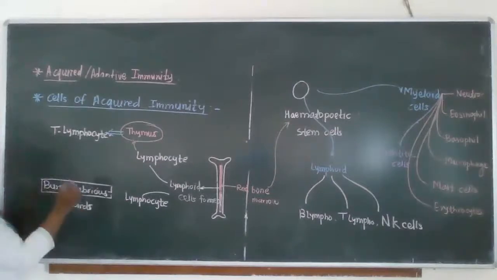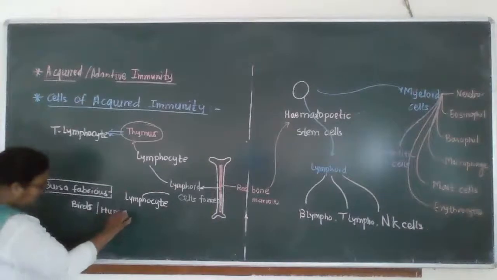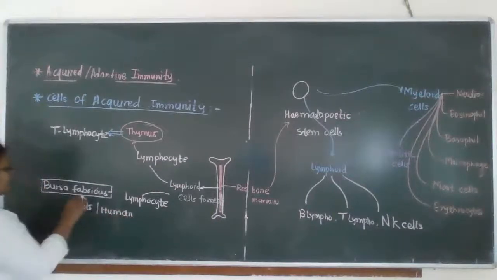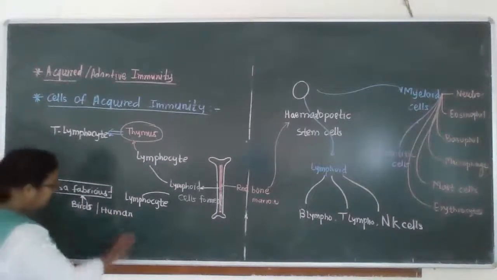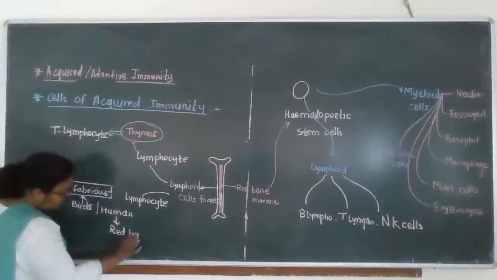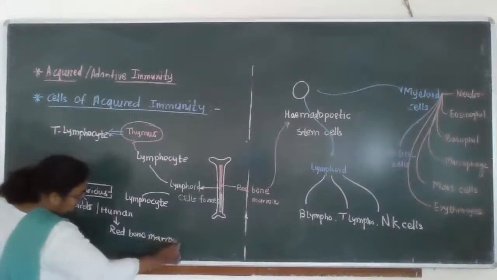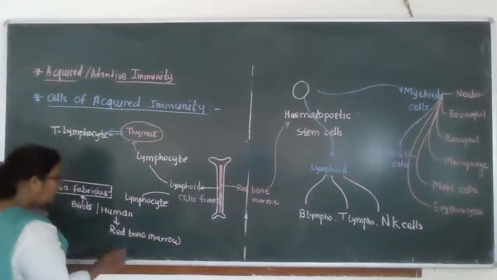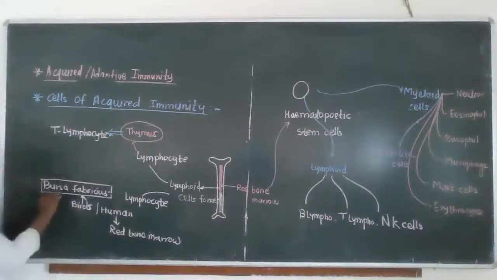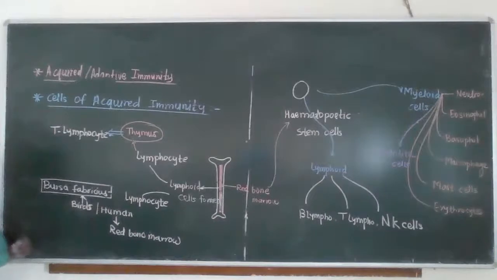So it is similar in birds and in humans: in birds, the bursa of Fabricius is there, and in humans, the red bone marrow. So because of the bursa of Fabricius, the lymphocytes are named B lymphocytes.